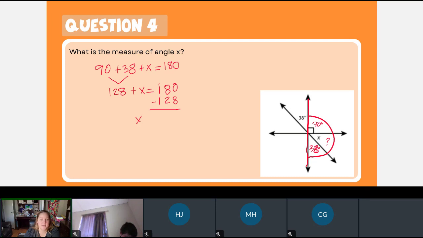So that gives us x equals, somebody tell me, what is 180 minus 128? Good, Josiah. 52. So circle that. The measure of angle x would be 52 degrees.